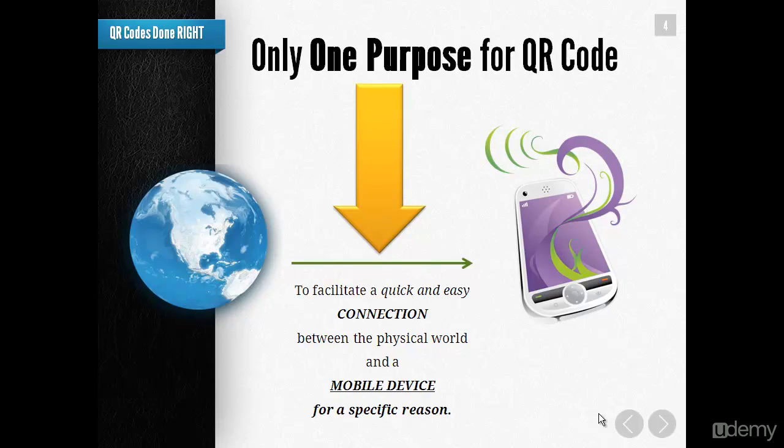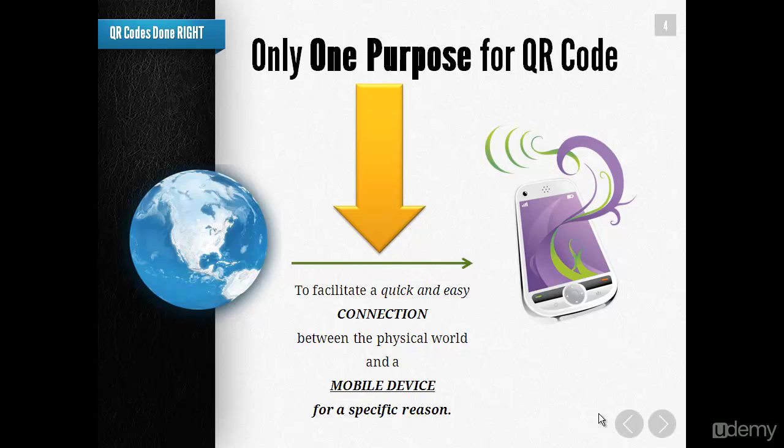Now you'll notice I underlined mobile every time it was used in that last slide. The reason is that there's only one purpose for a QR code. I stress this because when we get to the part about seeing the ones that are done wrong, you'll understand what I mean. There's only one thing that a QR code is designed to do.